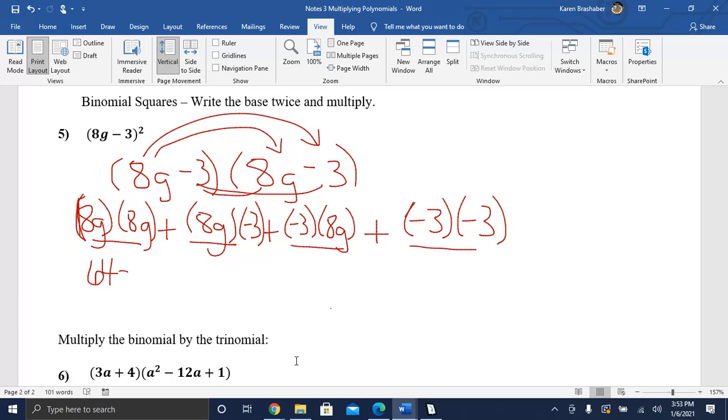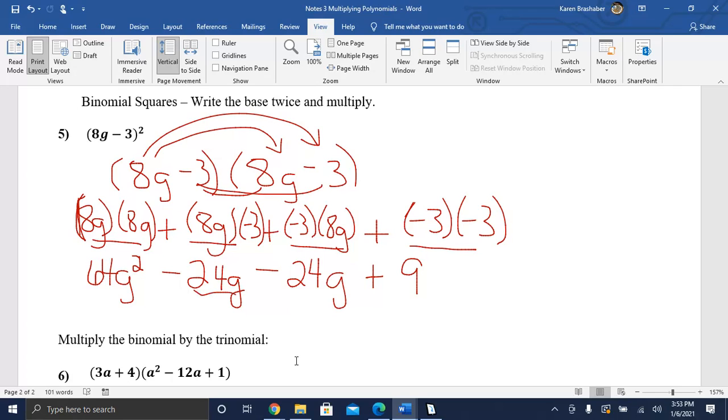And then our g's will multiply by adding the exponents and get g to the second. Here we have a positive 8 times a negative 3. That's going to be negative 24g. We have a negative 3 times a positive 8 again. That's going to be a negative 24g. And finally, we have negative 3 times negative 3, and that's going to be positive 9.